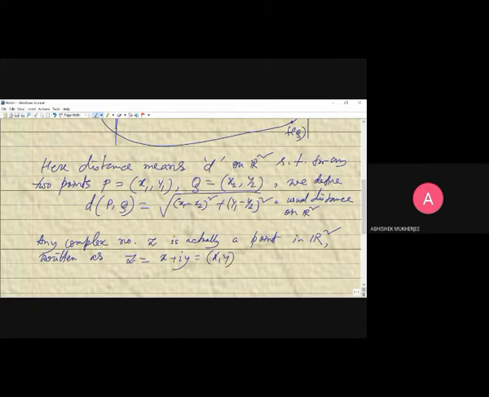So the point xy is actually the complex number x plus iy. i can be denoted as 0, 1. This is the point. i is the point 0, 1, right?